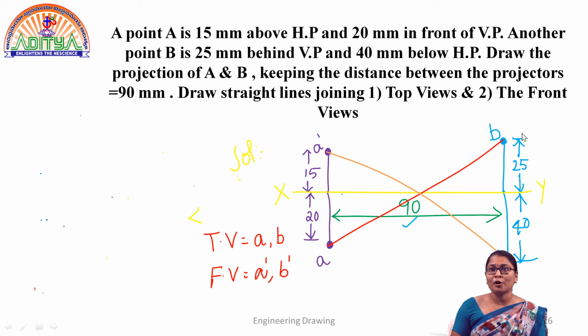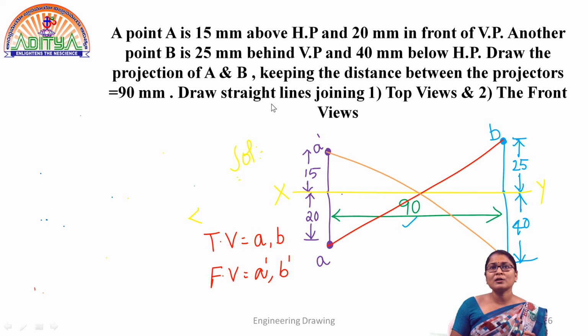Above the reference line we get the top view at a distance of 25, and below the reference line the front view at a distance of 40. Okay, we completed the projections of point A and point B, with a distance of 90 mm between them.